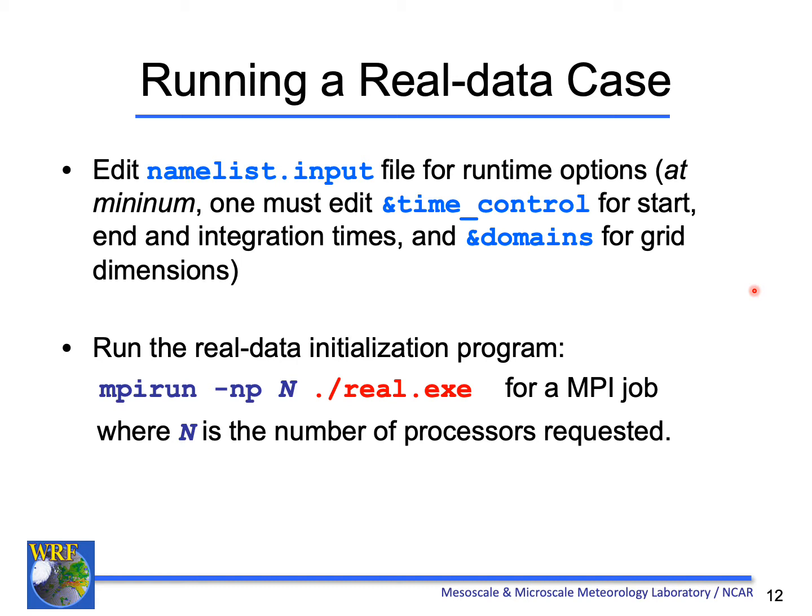The way to execute an MPI job can vary with different MPI implementations, but mpirun is a typical one to use. This is shown here, where capital letter N is the number of processors to use for the run. For real.exe, typically we won't need a lot of processors for the job.